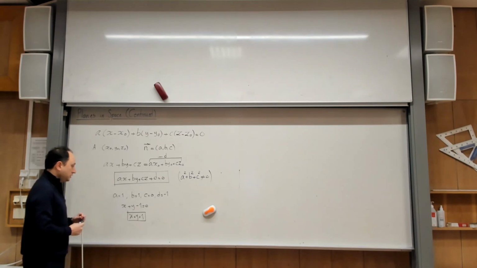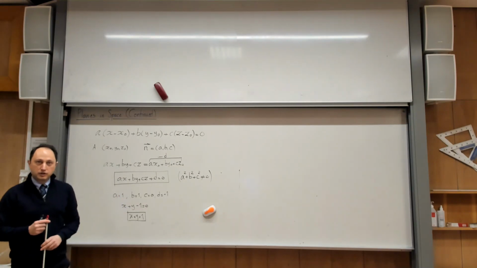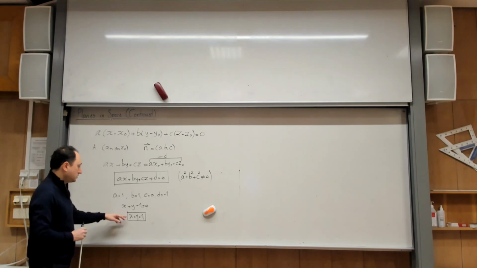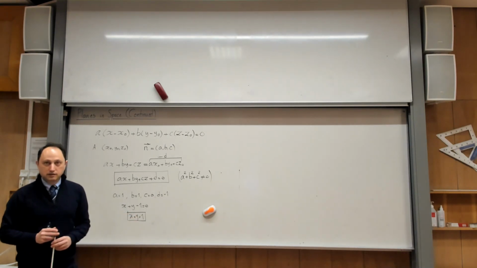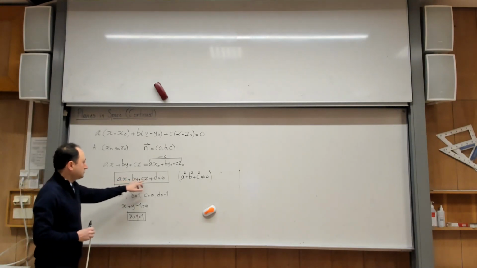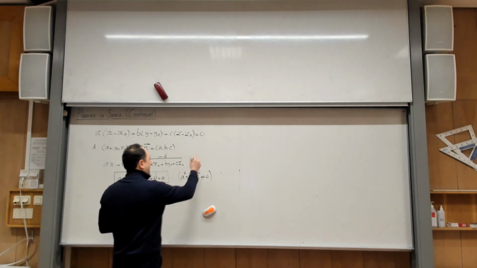Okay? So don't get confused. x plus y equals 1 in Math 2C was a line, because there we were working in 2 dimensions. But now, if we are working in 3 dimensions, x plus y equals 1 is not just a line, it's a plane. Yes? Is that clear? So any equation that can be written in this form is a plane. Do you remember something like this we had for lines?